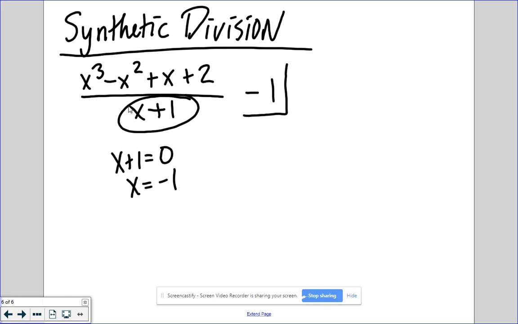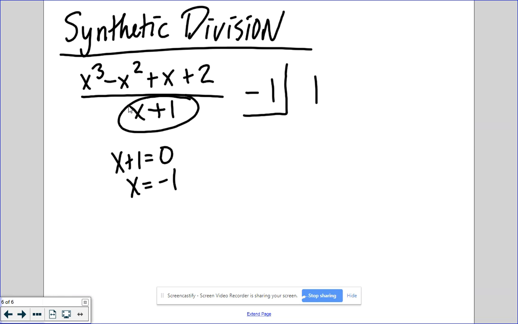Then, you make sure your numerator is in standard form, which means it goes from highest power to lowest power. You also have to make sure every power is represented. So we look, what's the largest power we have? 3. What's the number out front of x cubed? 1. So I write that down.